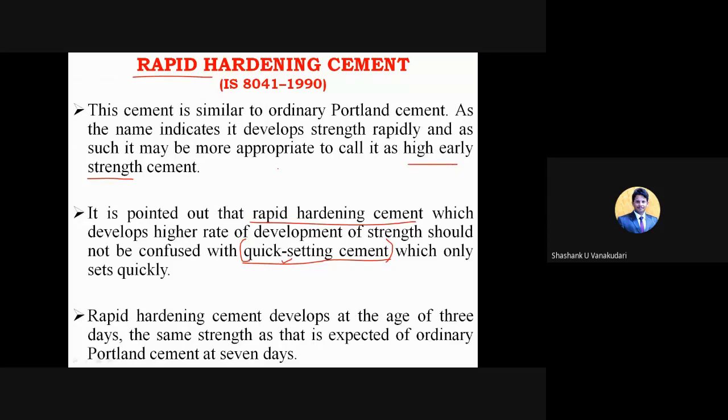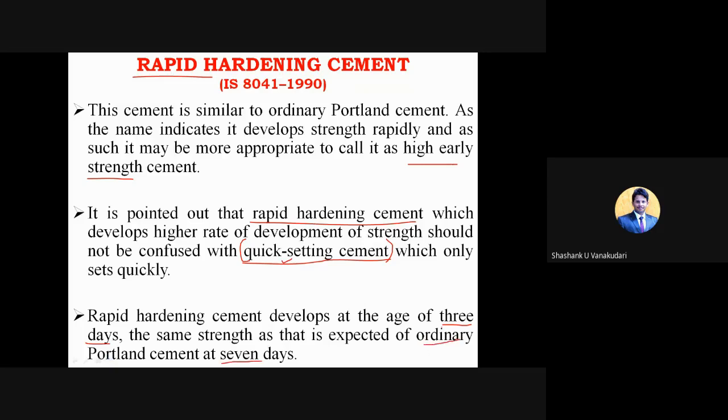Whatever strength OPC achieves in 7 days, rapid hardening cement will achieve in 3 days itself. That's the main difference between OPC and rapid hardening cement. So rapid hardening cement develops, at the age of 3 days, the same strength that is expected of ordinary Portland cement at 7 days.